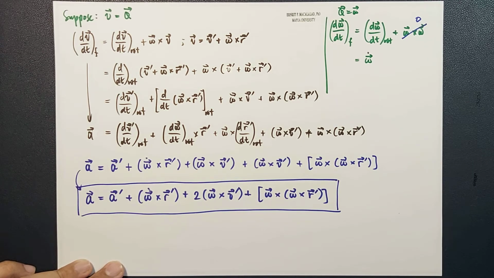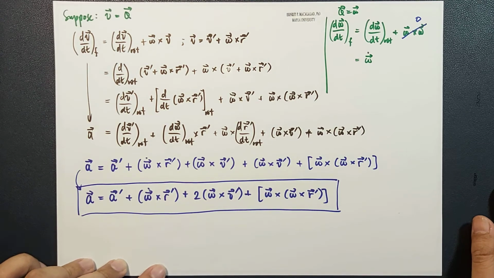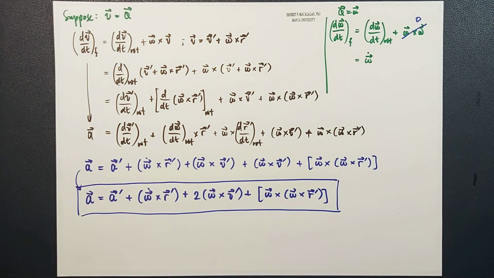Okay, so in the next video we're going to generalize this with translational acceleration, wherein we're going to consider a general case of a non-inertial reference frame wherein the moving frame is both rotating and translating at the same time.